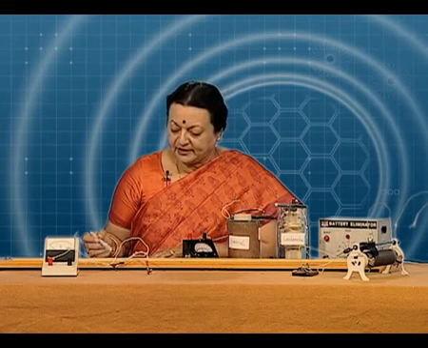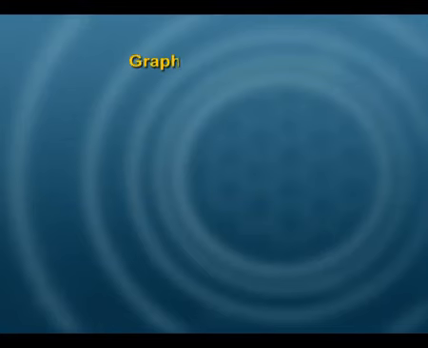You can also do another experiment with it, another way of calculating, and that is to plot a graph between L1 and L2. Let us see what that graph would look like.